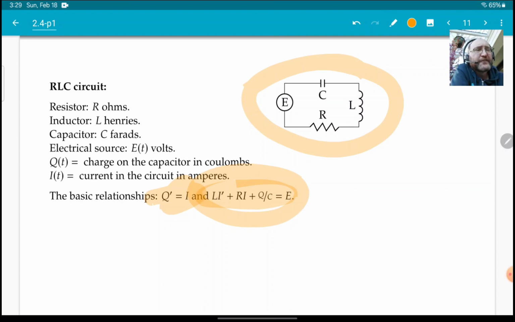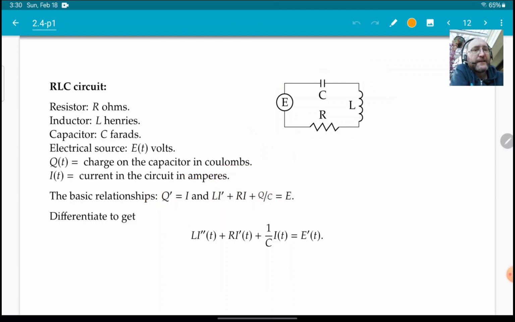That's not quite the equation that we're looking for, but we can differentiate. Notice that L, R, and C are constants, and if we differentiate, we're going to get I double prime, we're going to get I prime, and then we're going to get Q prime, and Q prime is just I. So we're going to get this guy over here, which is a second order linear constant coefficient ODE.